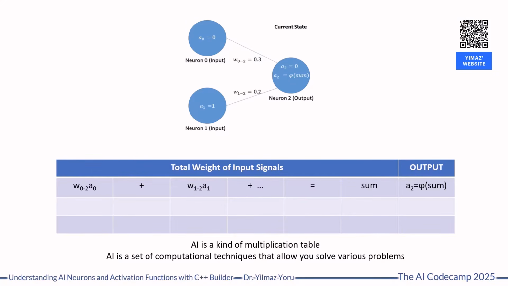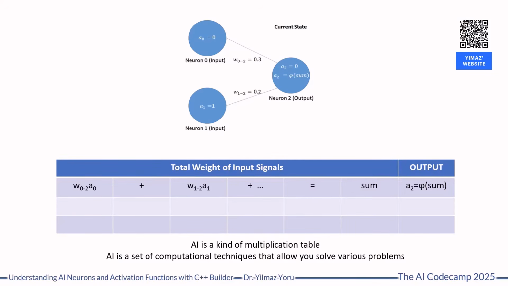So if someone asks you what AI is, and they are not from the engineering or AI field, I find a very simple definition here. AI is a kind of multiplication table. There is a multiplication table for a cat, there is a multiplication table for a dog, something like that. We can explain this very easily.